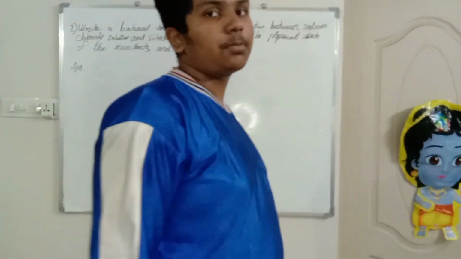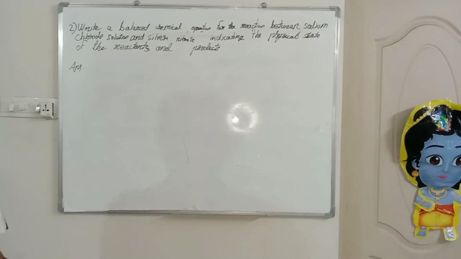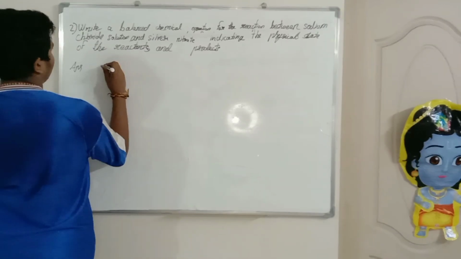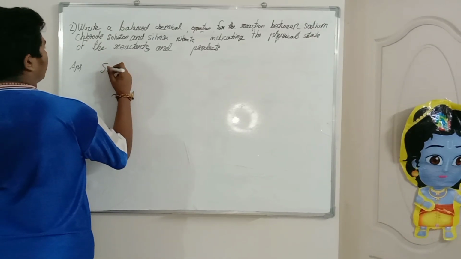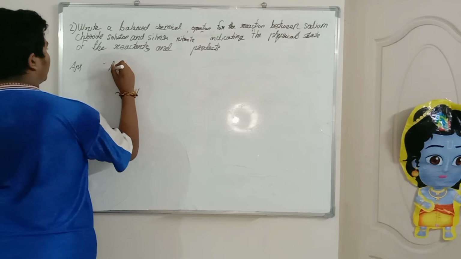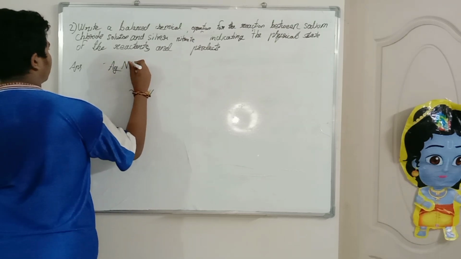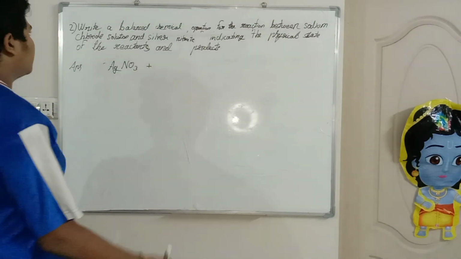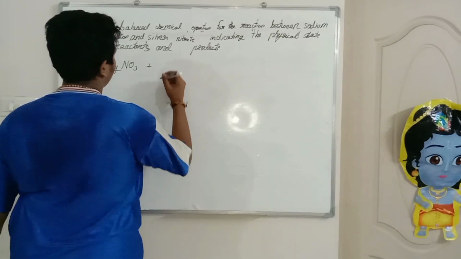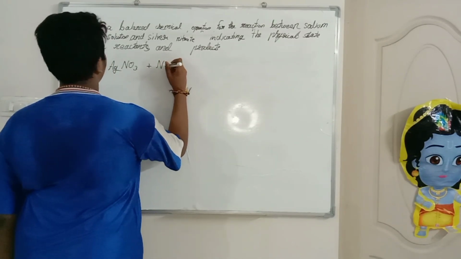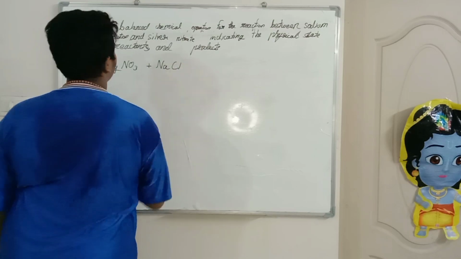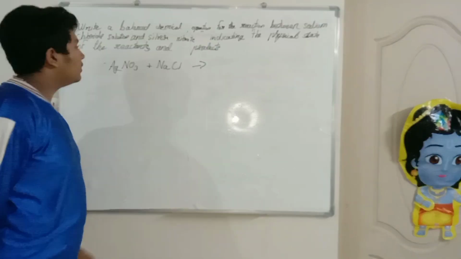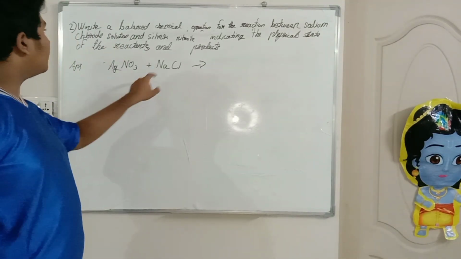So how to solve this problem? First we try to write the chemical equation. Since silver is a metal, AgNO3 plus sodium chloride, that will be NaCl. So they say that this will be replaced.